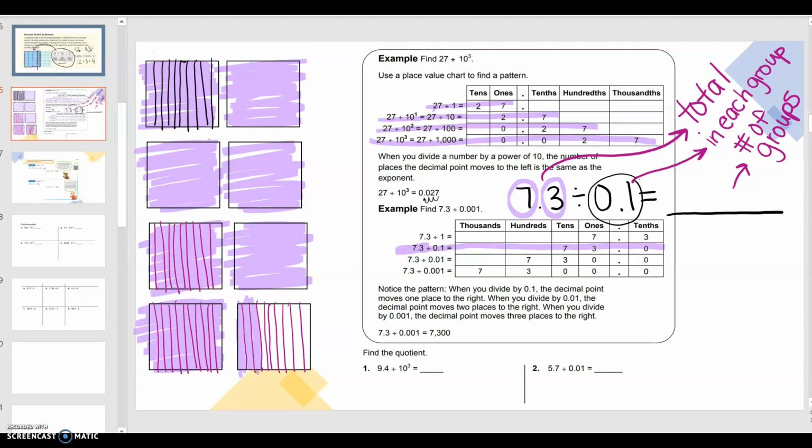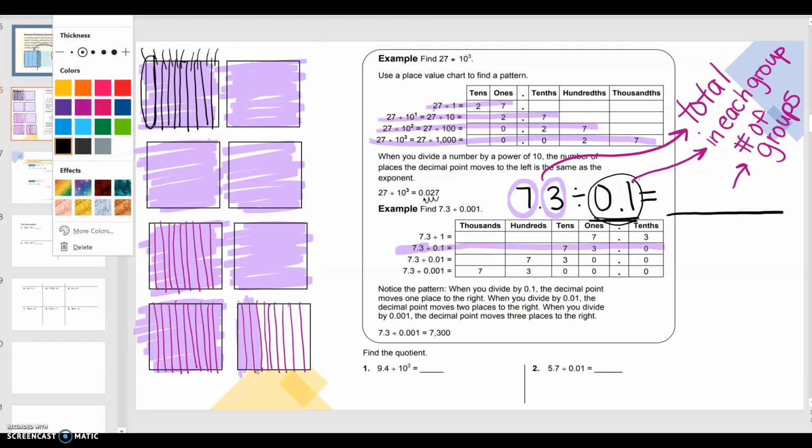So this is 1/10. That's one group, because we're putting 1/10 into each group. And then 2 groups, 3 groups, 4 groups, 5 groups, 6 groups, 7 groups, 8 groups, 9 groups, 10 groups.